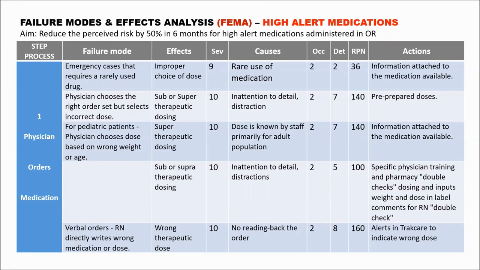And then for pediatric patients, the physician chooses a dose based on the wrong weight or age, which would lead to super or sub-therapeutic dosing. This is because the medications are really common with the adult dose, and they're not commonly used with peds. So the action taken is information attached to the medications available. And then we have the verbal.